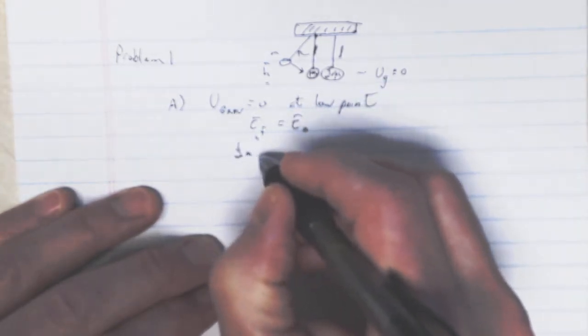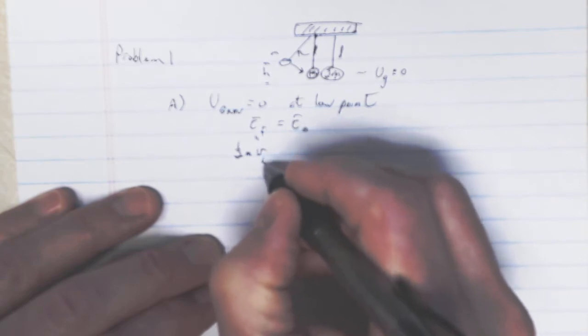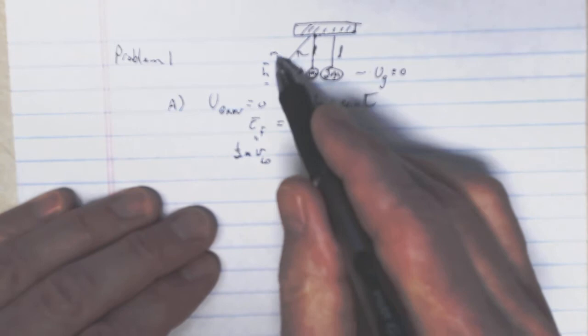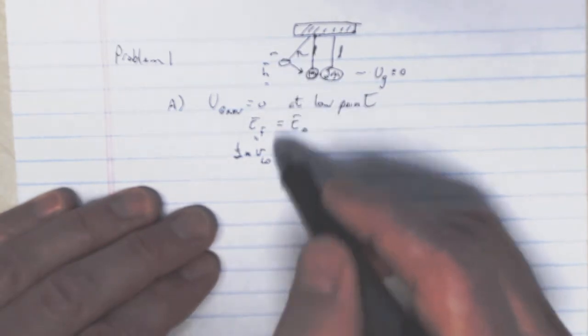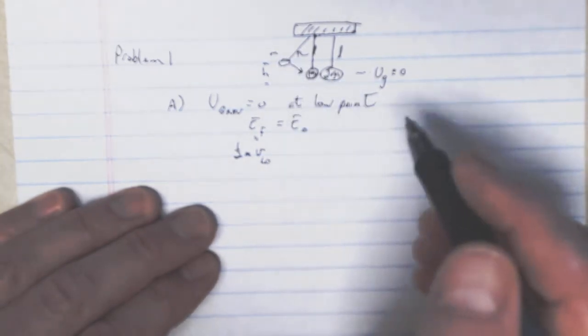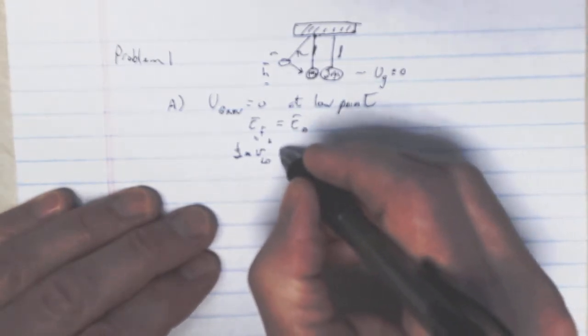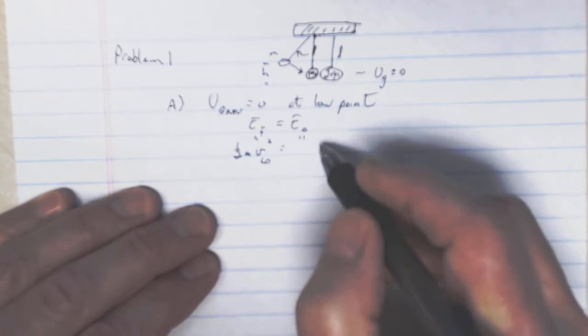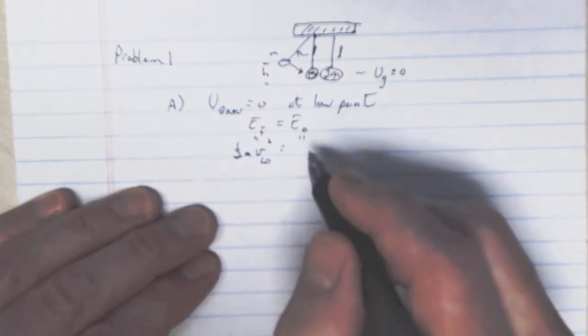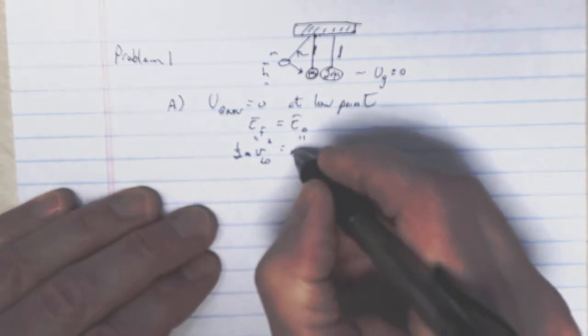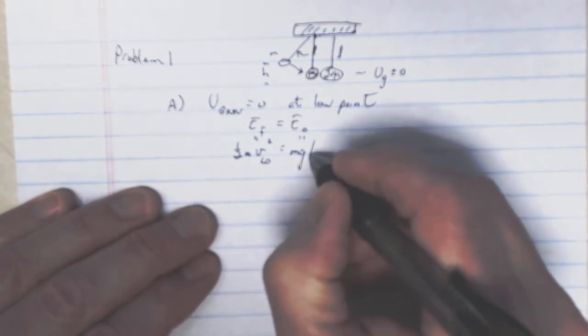Call that 1/2 m v, and I'll use a subscript L for the left ball and a naught, because this will be the original velocity just before the collision, squared. That equals the original energy. Well, there's no kinetic energy there. You pull it aside and it's at rest when you release it. So this is all gravitational potential energy, or just mgh.